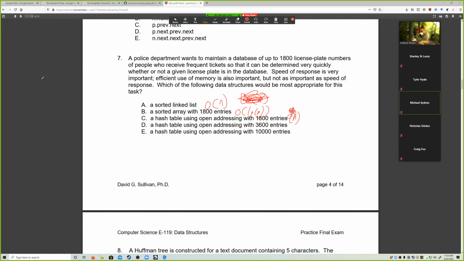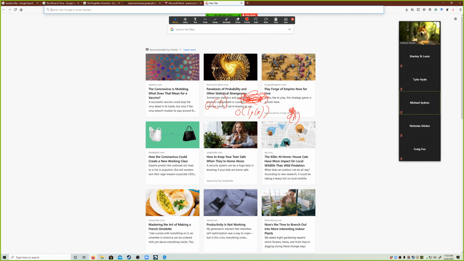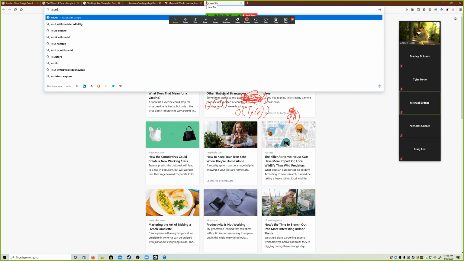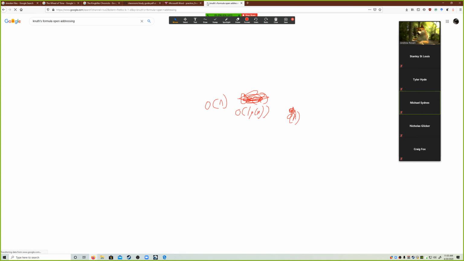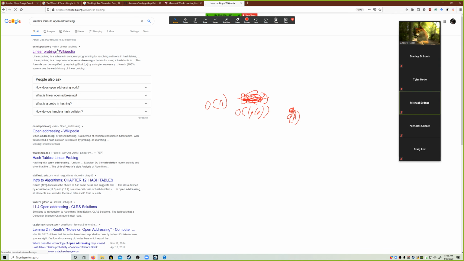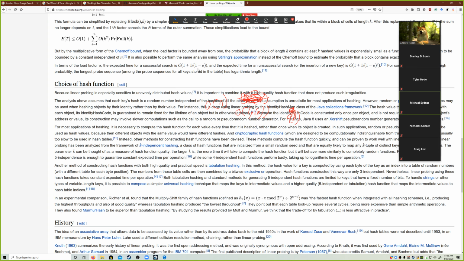let me Google it for a second. Knuth's formula, hash, open addressing, and this with linear probing. Right, so this is the expected search.